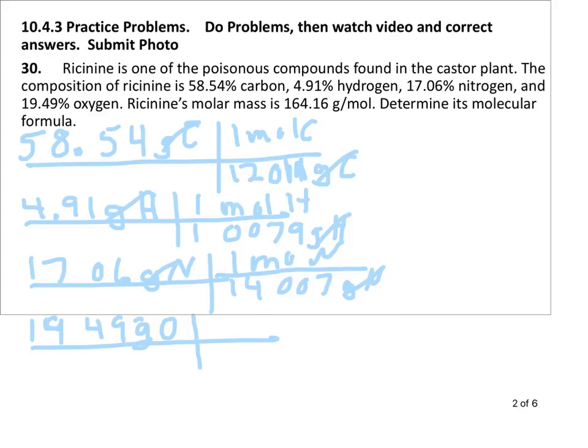And oxygen, one we've used over and over. I'll definitely know this one. 1 mole of oxygen, 15.999 grams of oxygen. And we'll go through and do all of our division.